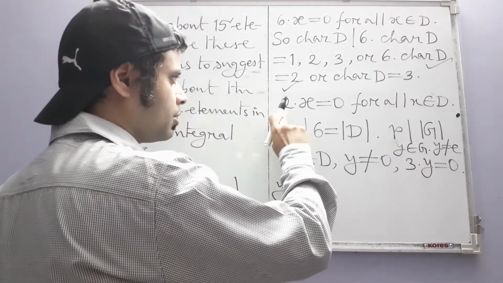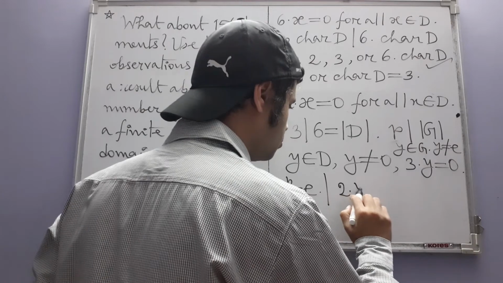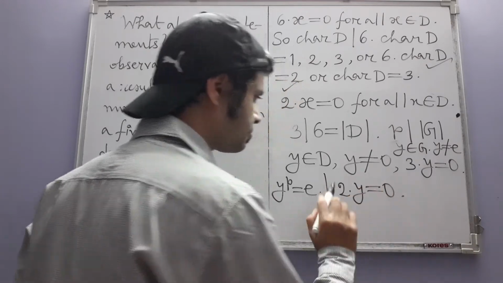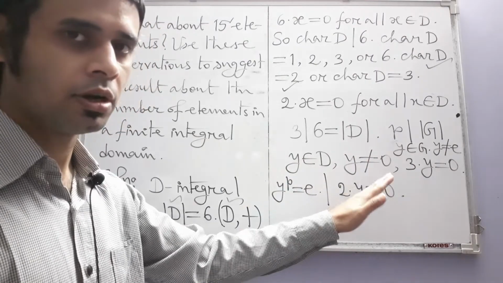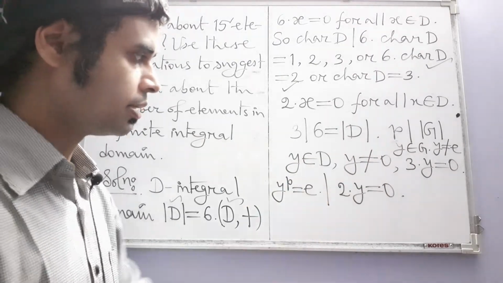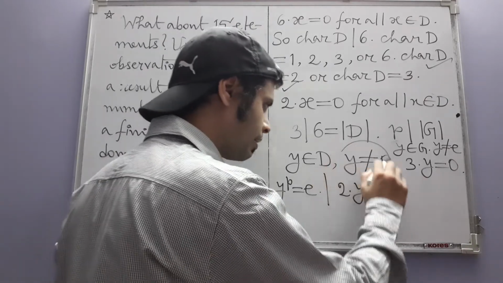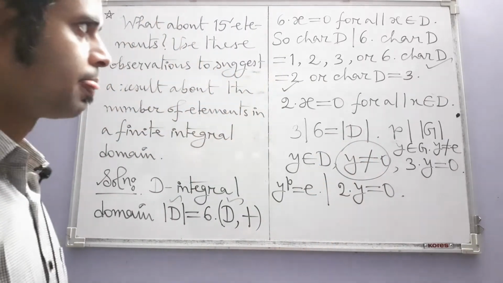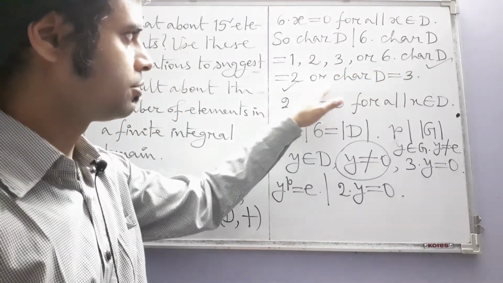At the same time, you also have 2 dot y equal to 0. But using these two equations and the laws of exponents, you will be able to show that y is equal to 0, which will directly contradict this. And this is coming from the supposition that the characteristic of D is 2.